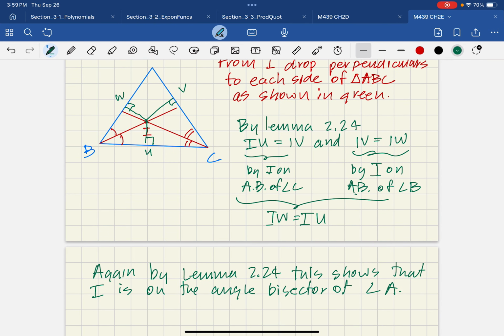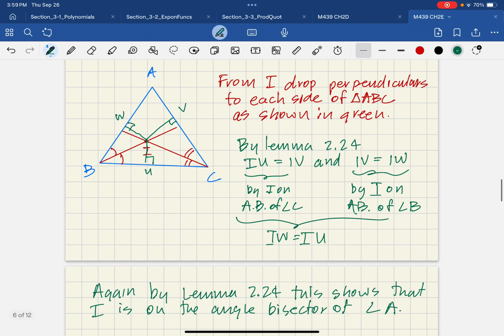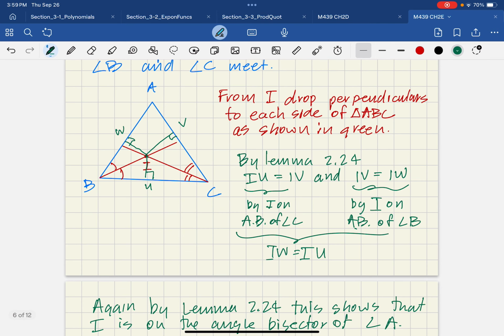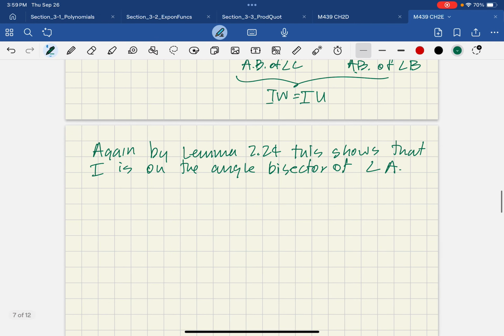Since we're equidistant, IV to IW, then we're equidistant from the sides AB and AC, which by our lemma means that we're on the angle bisector.